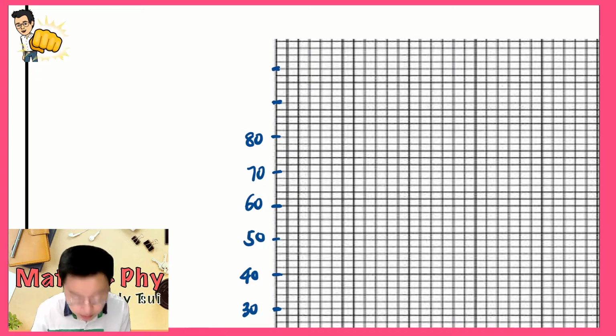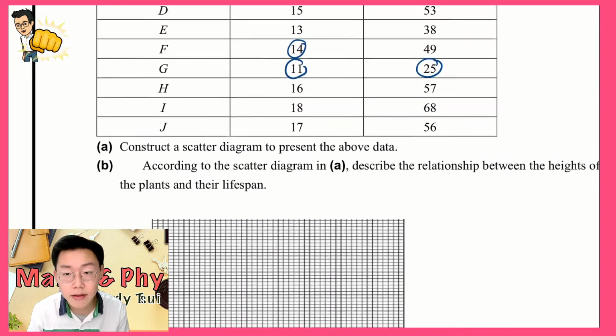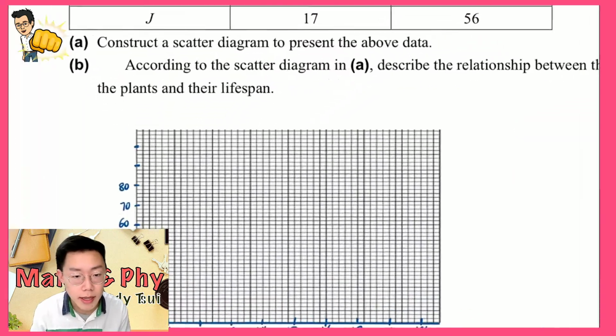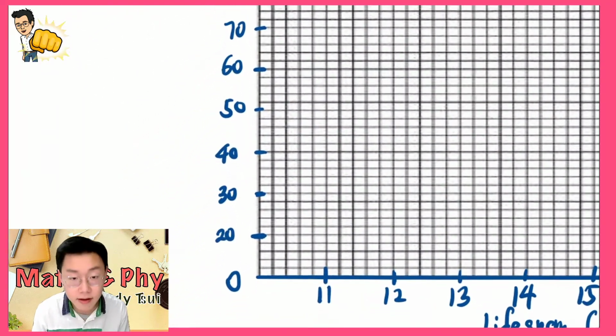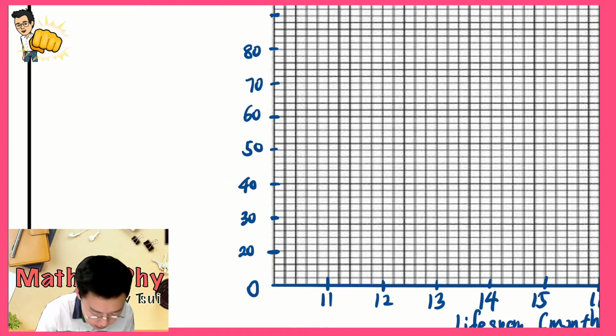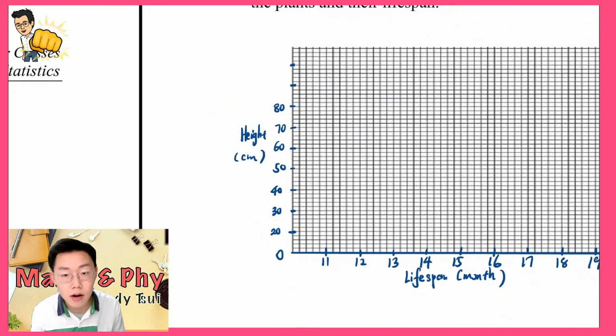Maybe I don't need to write down 80 because we don't have any numbers starting with 8. Then we can give the name for the vertical line. It should be the height, and then write down the unit cm.